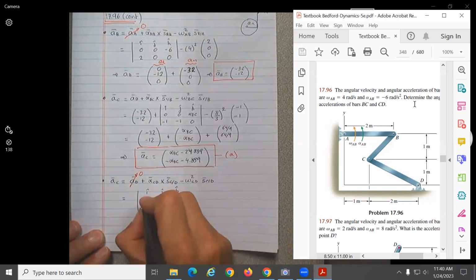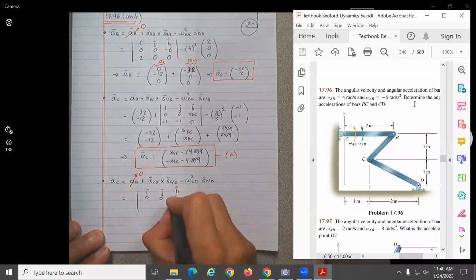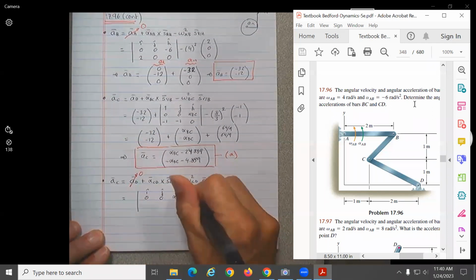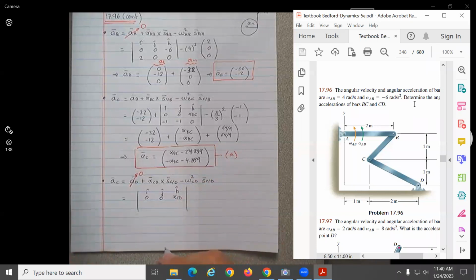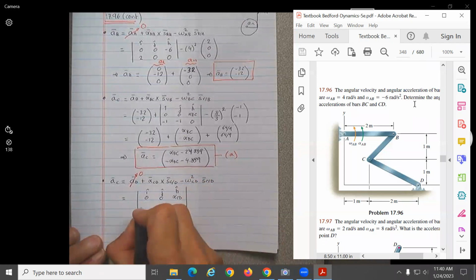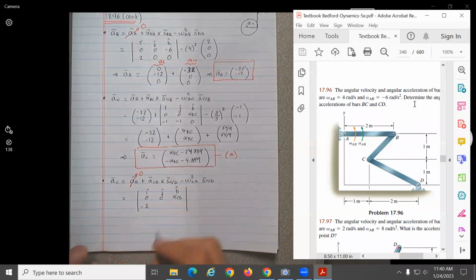So this will be equal to what? 0, 0, alpha CD. What is the position of C with respect to D? Negative 2, plus 2, and 1, no? And 0.